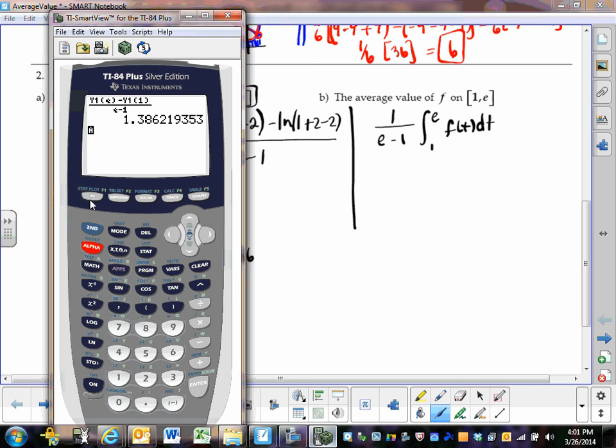So I'm going to again put the fraction in, 1 over, and this time the e minus 1, my fraction, the integral from 1 to e of the function I've already stored into my calculator. So the y1. 1.517.